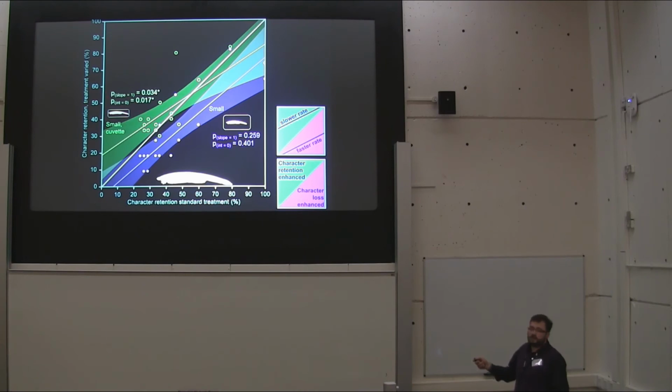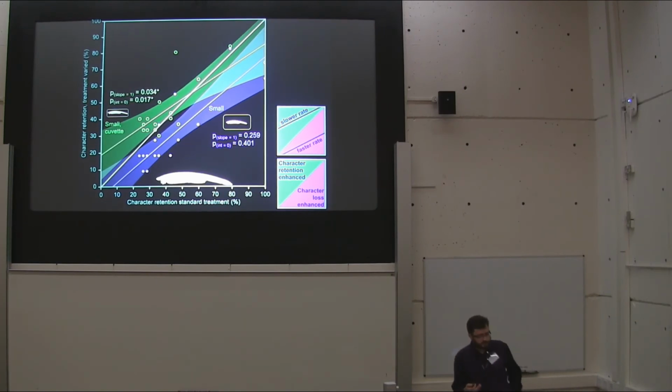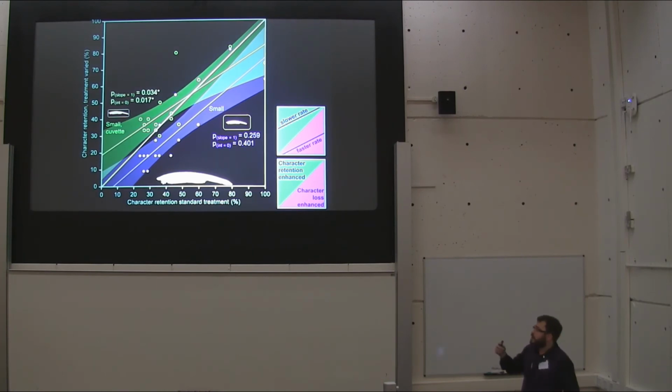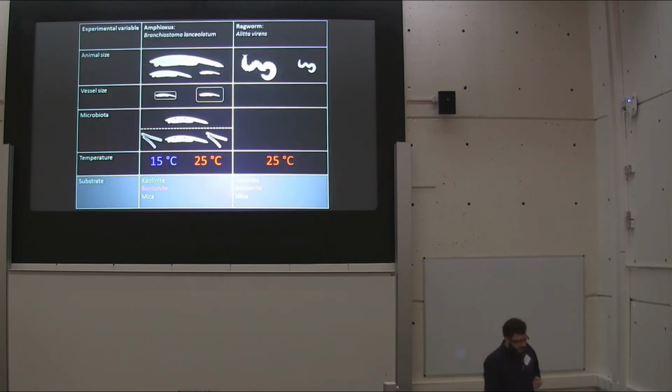But when you restrict the amount of fluid in which the animal is decaying, then we do see significant difference in both of these. So we're getting a slower rate of decay and retention of characters. And in fact, as the experiments progress, we actually see that we're getting a faster rate of decay later on. So we've got initial character retention, and then once things start to rot, they're going quicker than they were in the standard.